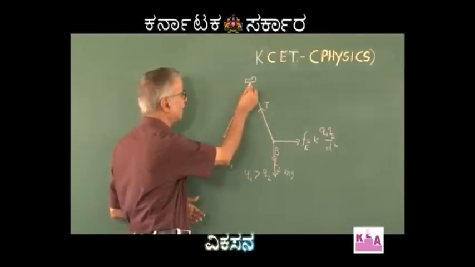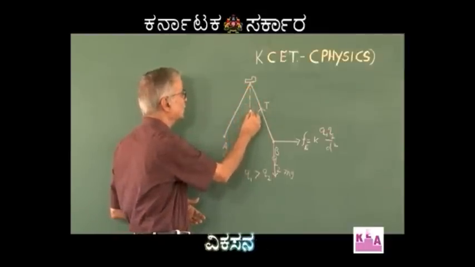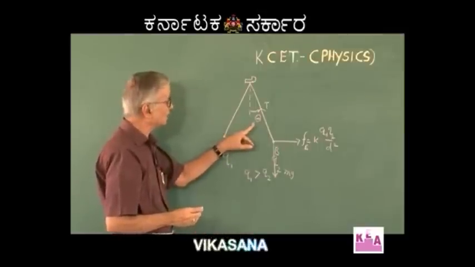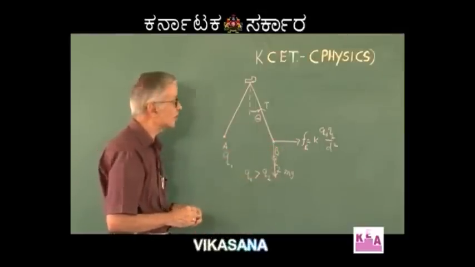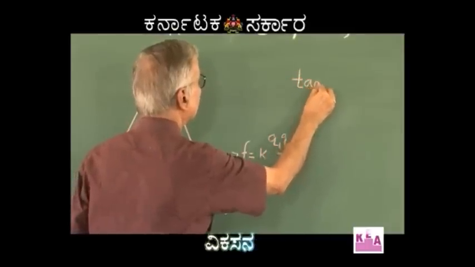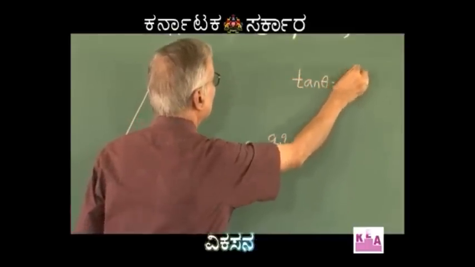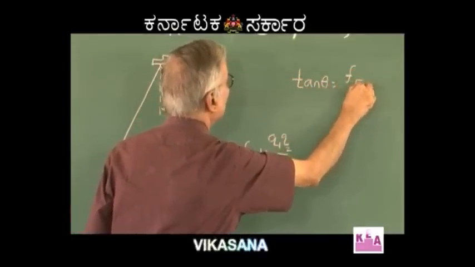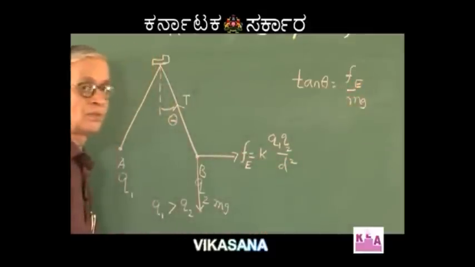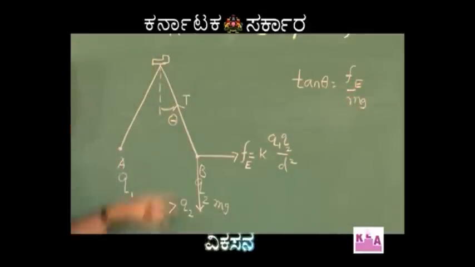If the angle made by the string with the vertical is theta, then relation between tan theta and the other forces is given by tan theta is equal to Fe divided by mg.